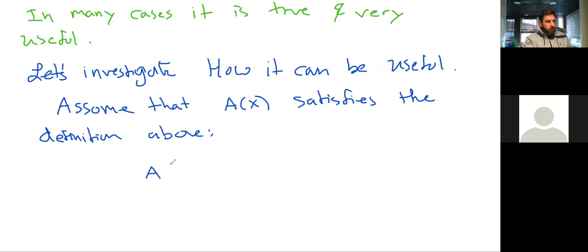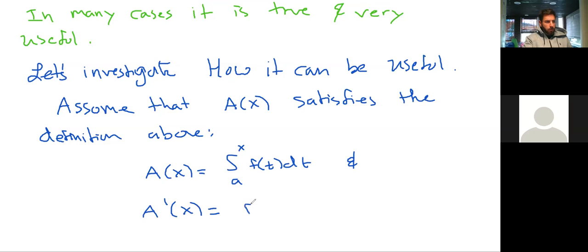So that is, we know that A of x equals the integral from little a to capital X of f of t dt. And thus, this relationship is also true.